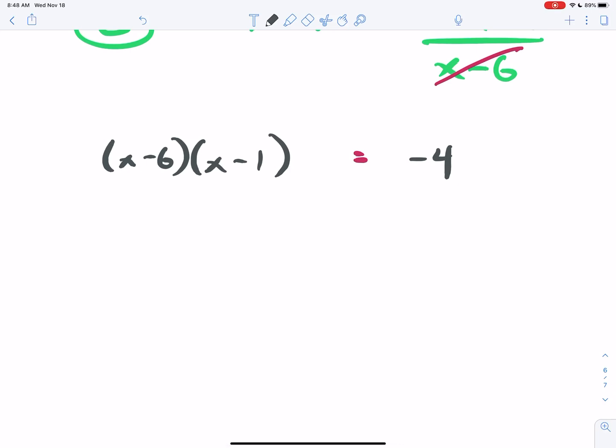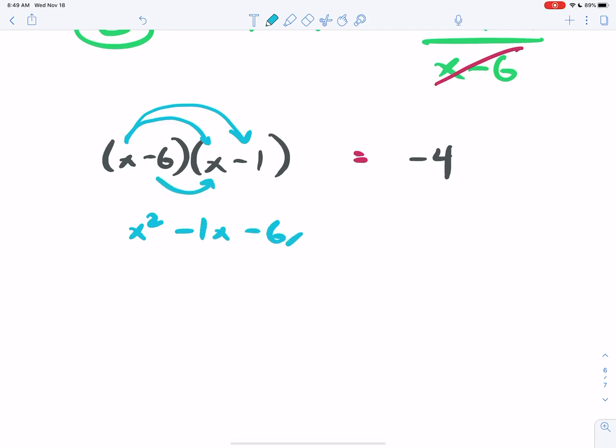So let's go ahead and distribute this here. We get x squared minus 1x minus 6x. And negative 6 times negative 1 is a positive 6. Take your time. You don't have to rush it.